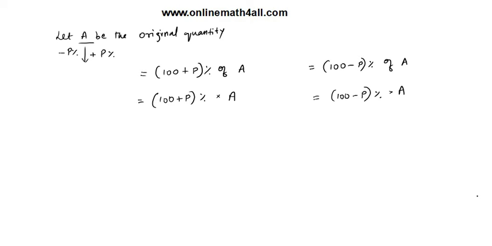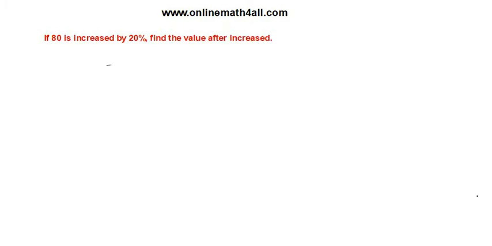So this is the formula. Let's look at some examples. If 80 is increased by 20 percentage, find the value after increase. The formula is 100 plus 20 percentage of 80. Here 80 is increased by 20 percentage, so I am adding this 20 to 100, percentage of the original quantity 80.